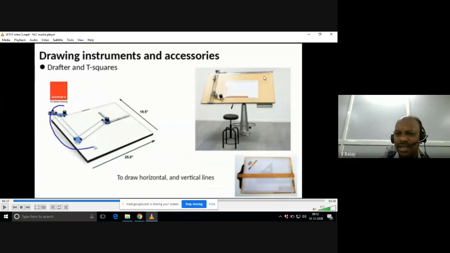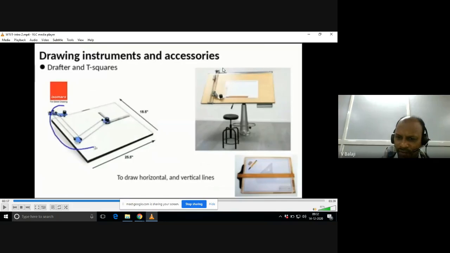Now you can see one more arrangement for the student to sit. A chair is there, and the big size drawing board is there. We fix the drawing sheet on it with the help of tapes and clips, and the drafter is fixed to the left hand side top corner.